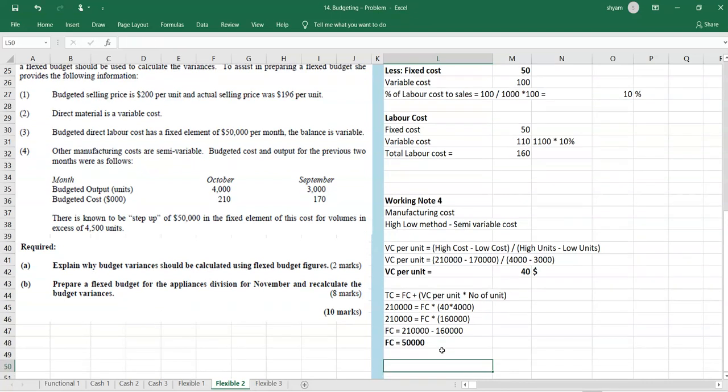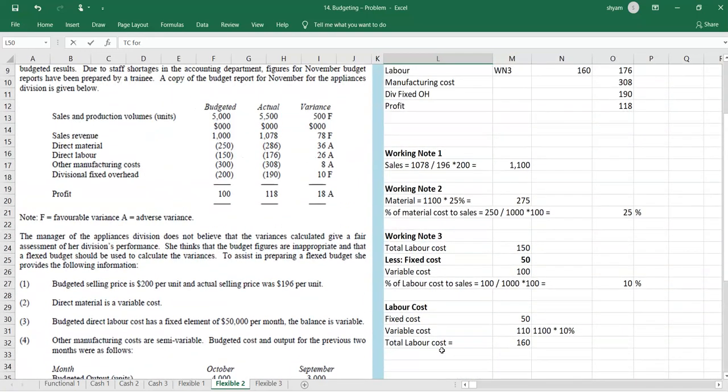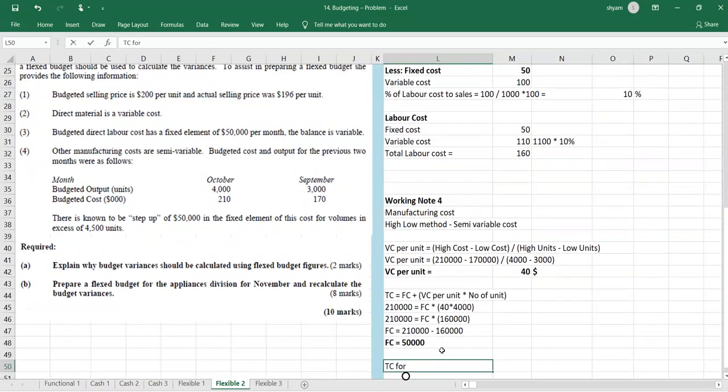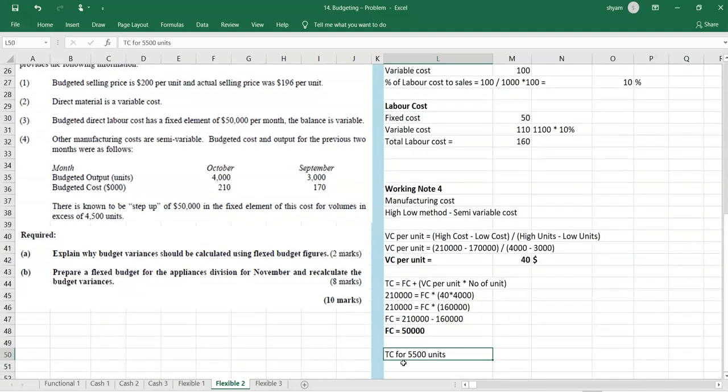Now we can find out what the total cost should be for 5,500 units. So we can work that out. Total cost equals, we can just copy the formula here so that you get a better idea.